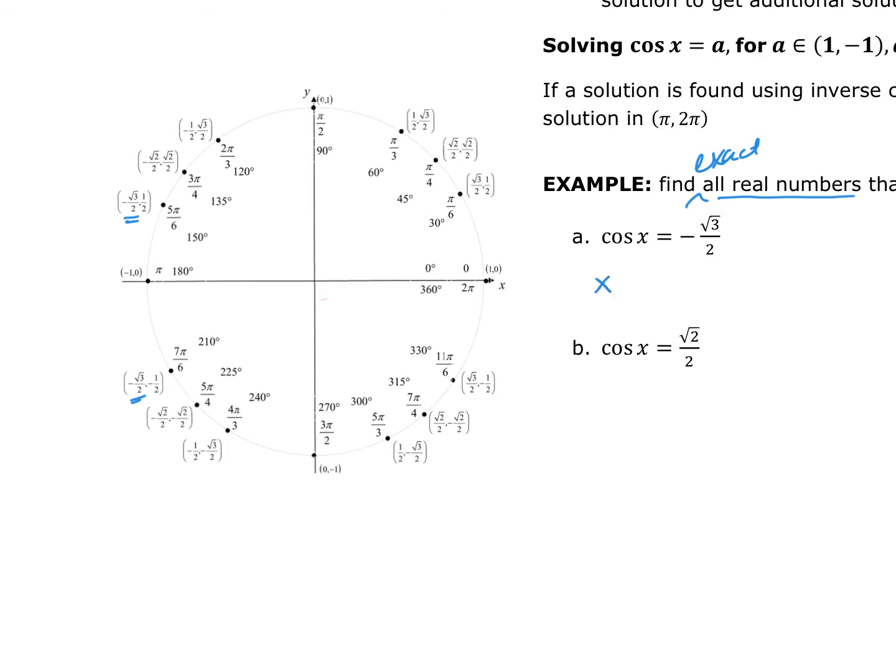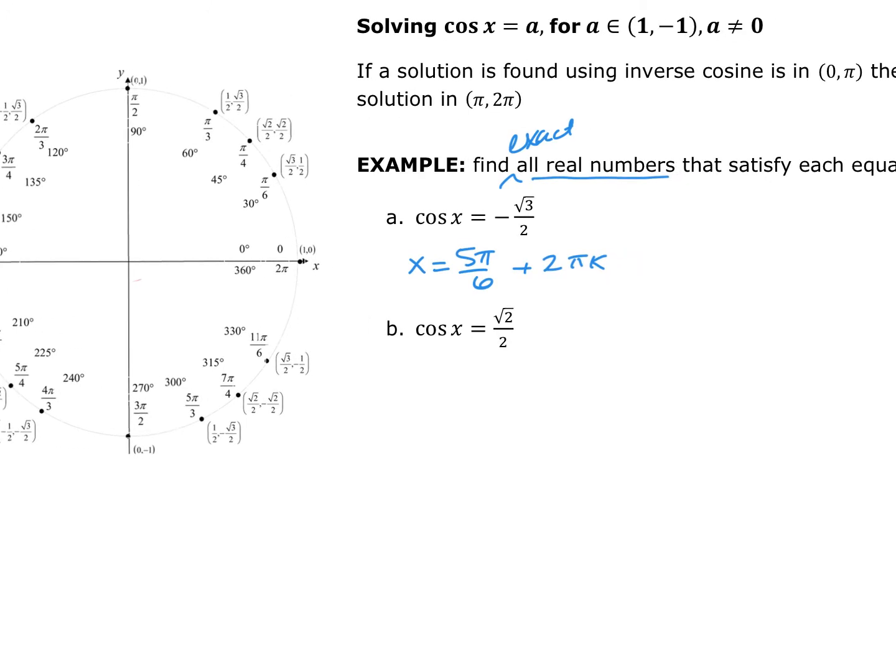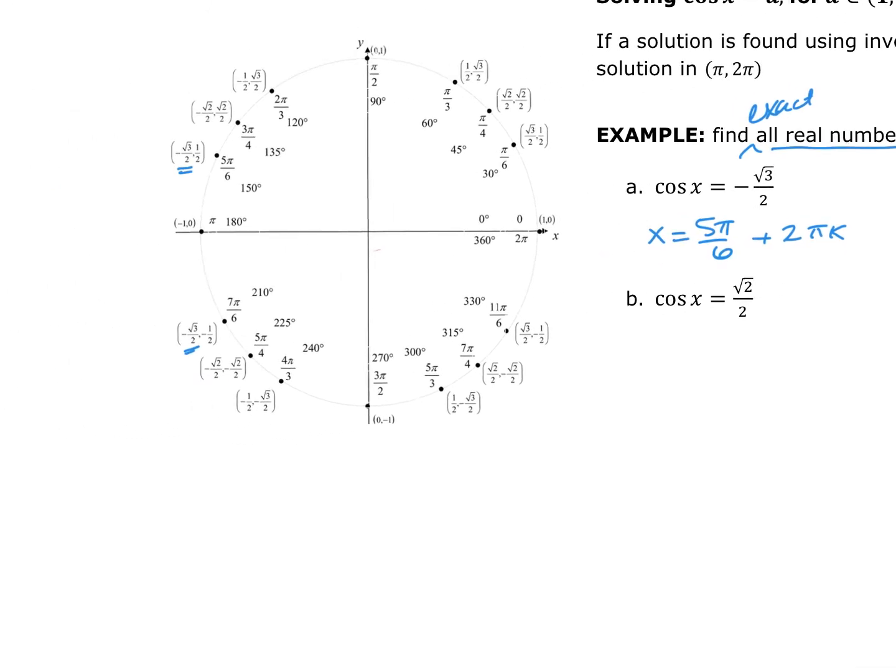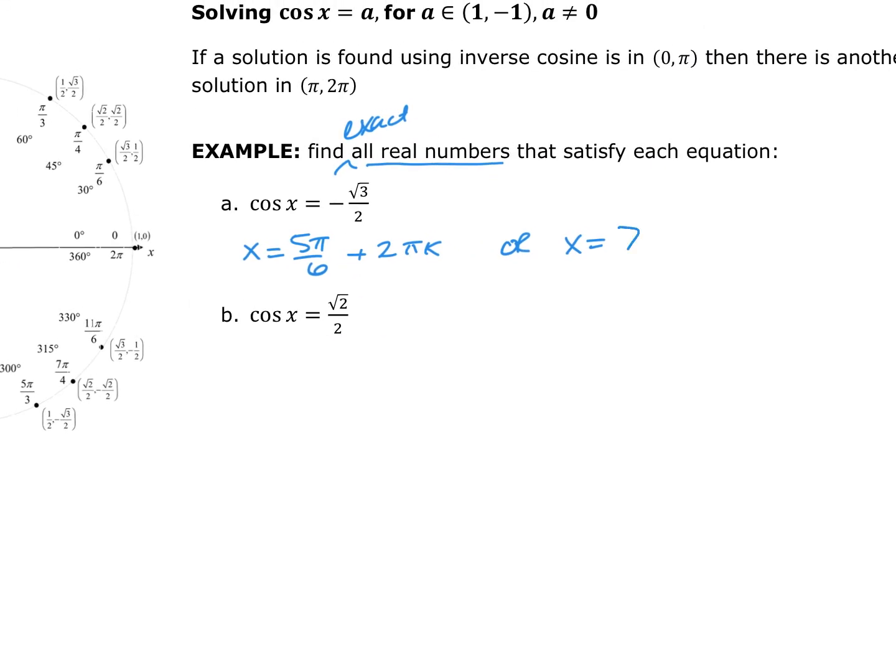So that tells me that x is equal to 5 pi over 6 plus 2 pi k, or x is equal to 7 pi over 6 plus 2 pi k. You're probably thinking, why did I add on that plus 2 pi k?